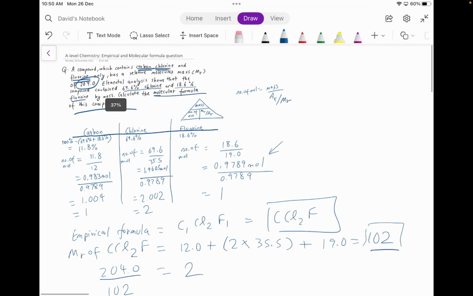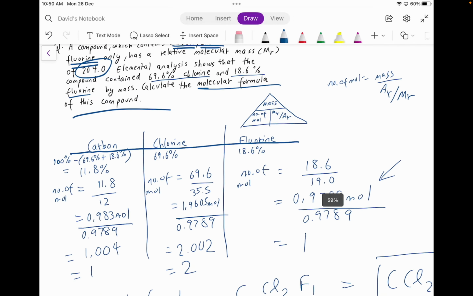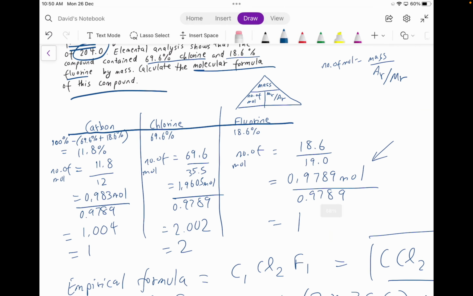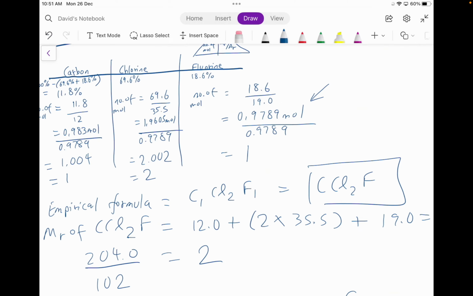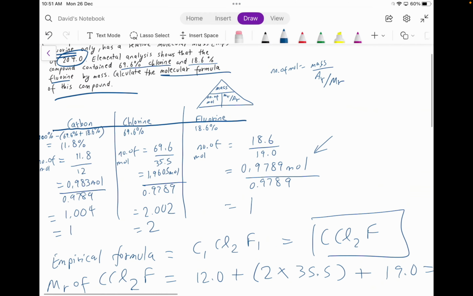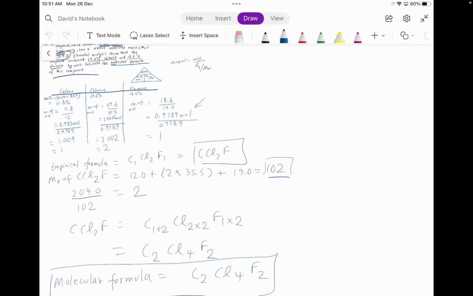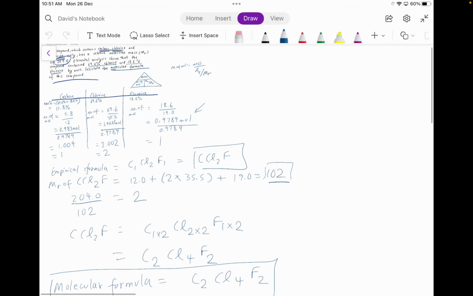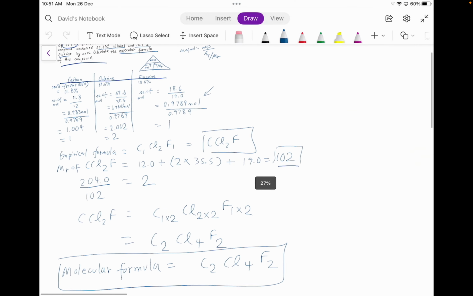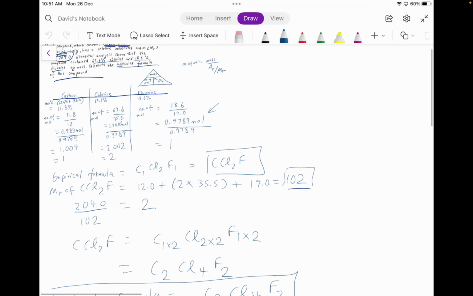So this question required the concepts of moles, empirical formula, finding the number of moles, then finding the MR, relative atomic mass, knowing the relative formula masses, and using that value to calculate a specific number, in this case to find the molecular formula. I'm just going to zoom out here so that you can take any notes if you want to see it. And this is the correct answer.